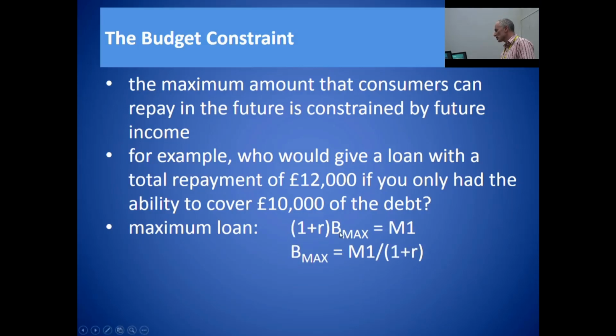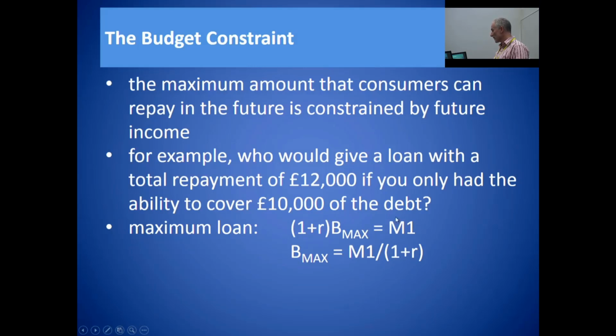1 plus R times B, we said that previously, that was the amount that you repay in the future. So the maximum amount that you can take out, just denoted here by B max, is 1 plus R times B max. That's the maximum repayment that you can afford.